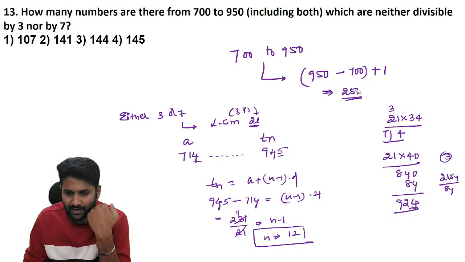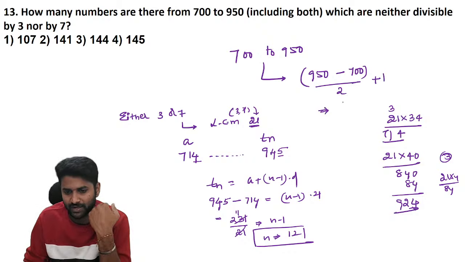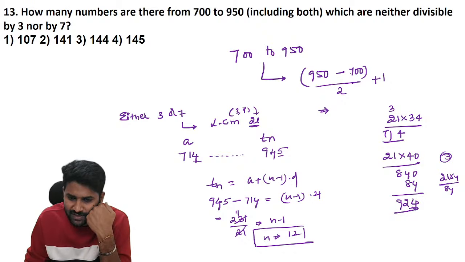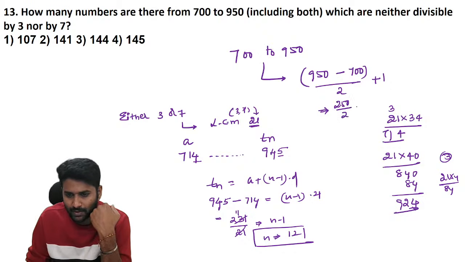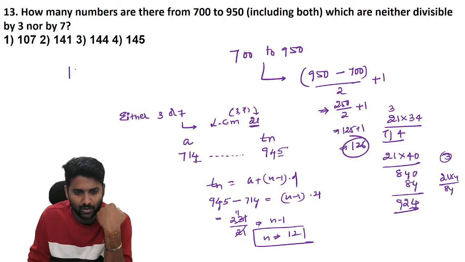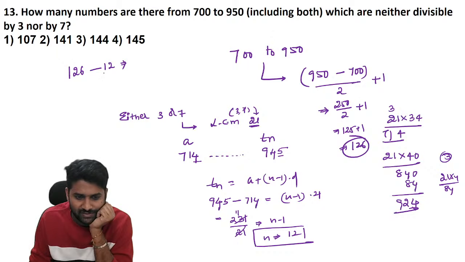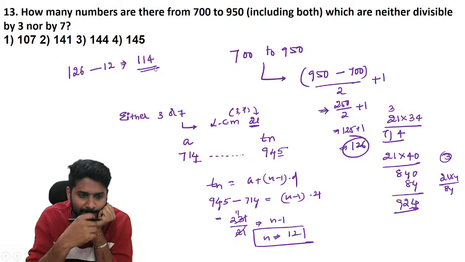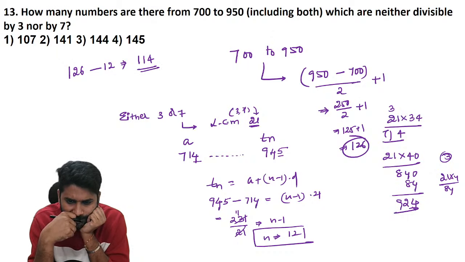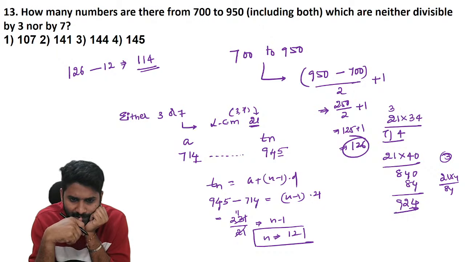Sorry, I made one more mistake here. Difference divided by 2 plus 1. 700 to 950, both are included. 950 minus 700 is 250, right?